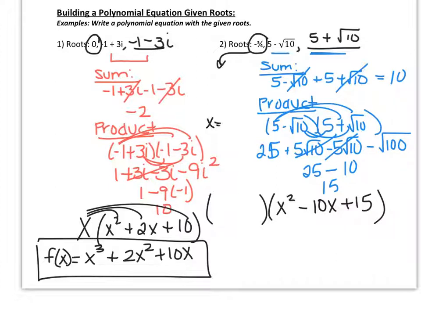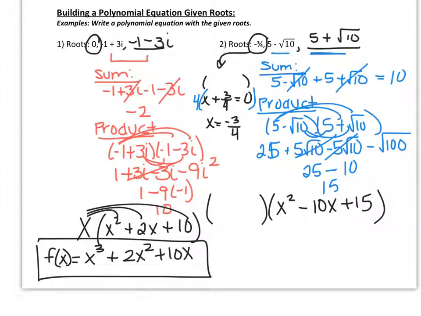If x equals negative 3/4 is the root, it must have come from x plus 3/4 equals 0. But that's weird. We can't have that in a parenthesis when we're trying to build backwards to factor. So what we're going to do instead is multiply both sides of this mini equation by 4.